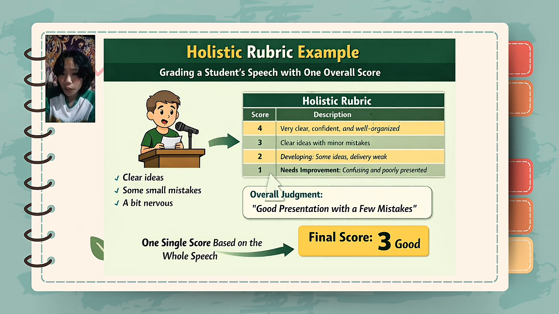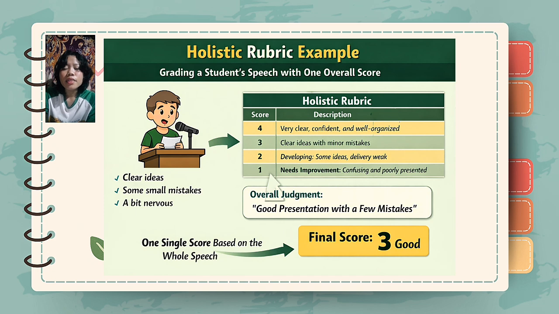So, in this example, the student was able to present clear ideas but made a few small mistakes and seemed a bit nervous while speaking. Because of this overall performance, the teacher judged that the speech best fits the description of level 3.